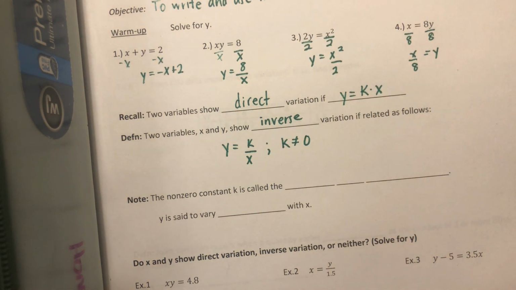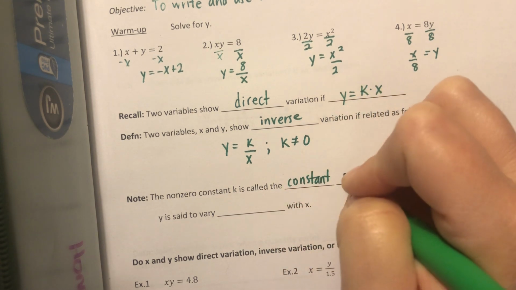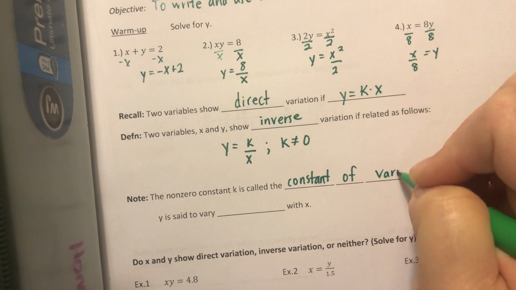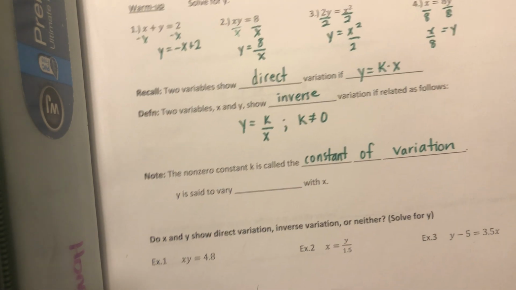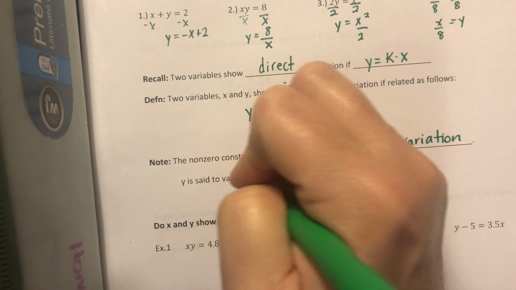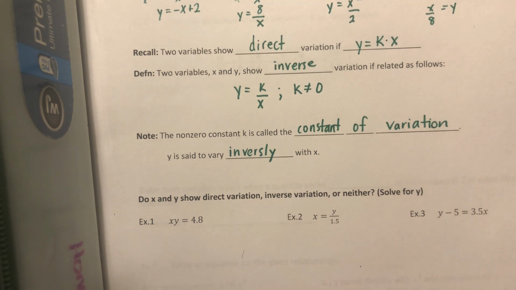Because if it was 0, it would wipe it all out, right, and make everything 0. So the non-zero constant k is called the constant of variation. And y is said to vary inversely with x. So you're going to hear directly, inversely, and jointly. So some of this we've kind of discussed before, but we're going to take it a little more in depth at the beginning of this chapter.